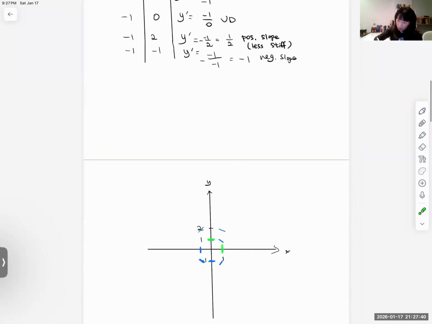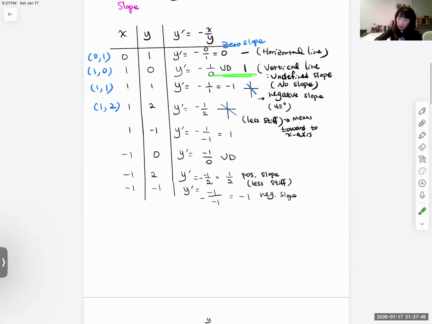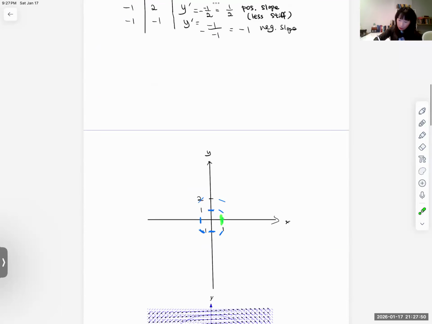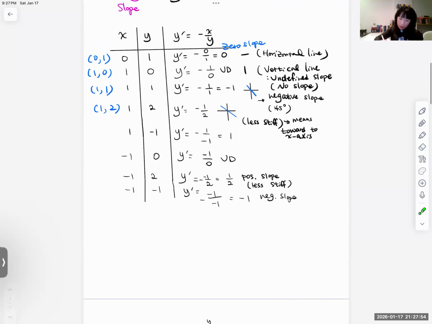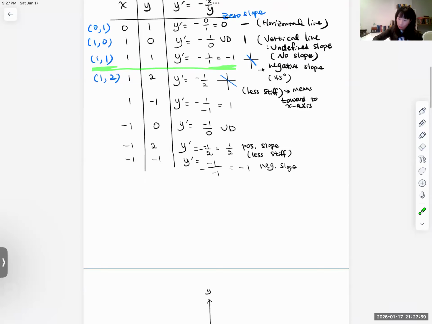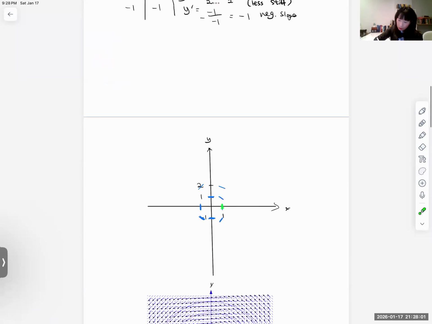When x equal to 1 and y equal to 0, undefined, no slope, so a vertical line. Can you see? And 1 and 1 is negative 1. So it's a negative 45 degree slope, right? Can you see? 1 and 1, yeah?